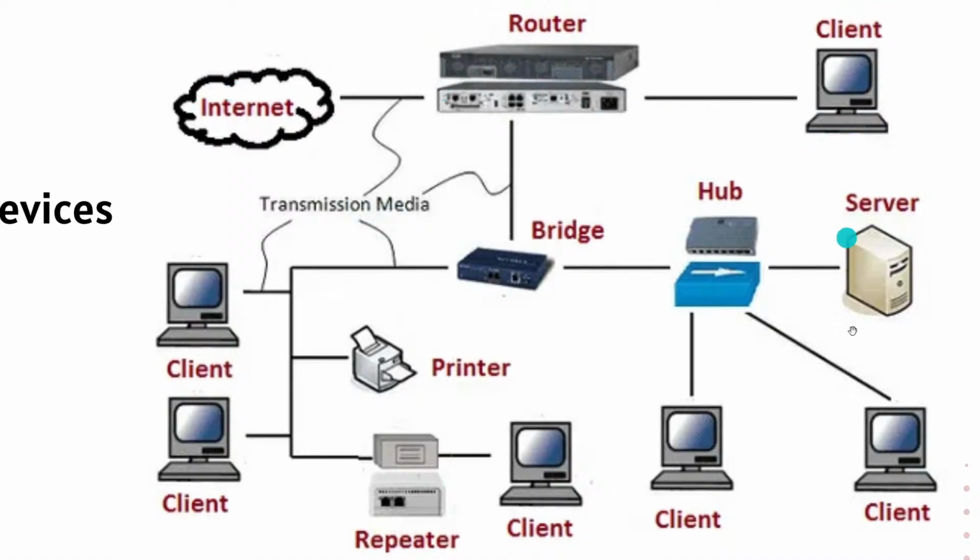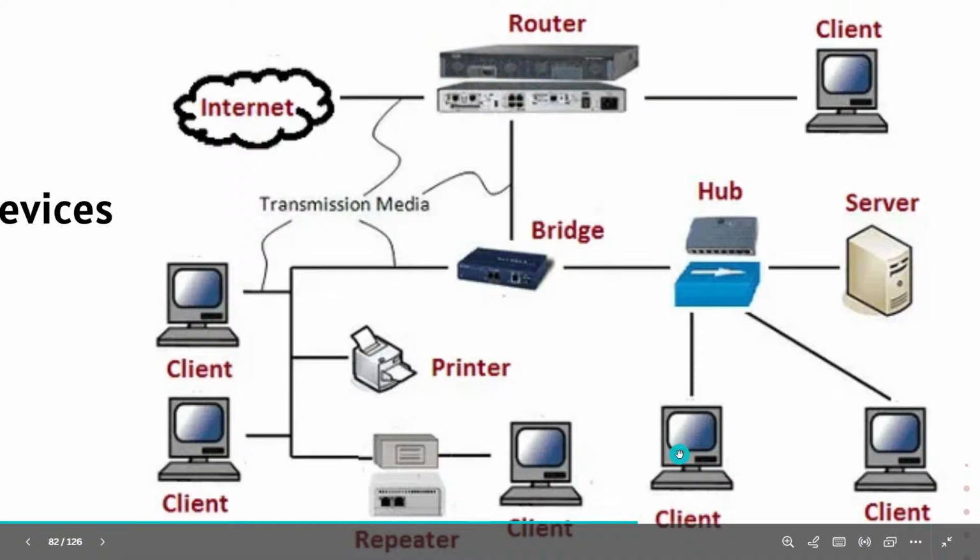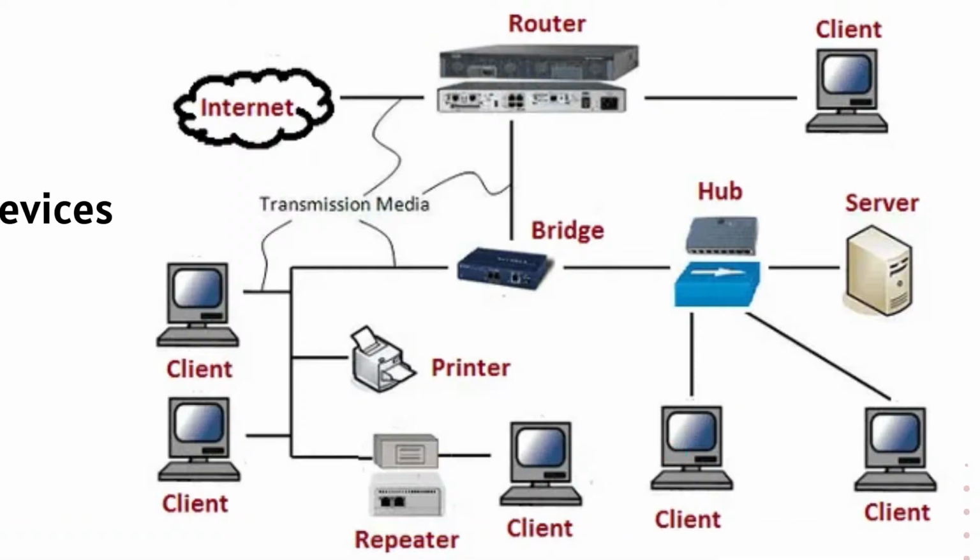We have multiple clients. What are the clients? It might be your mobile phone, laptop, PC, or tablet, anything. A client is simply something we put input into or get output out of. Your browsers and mobile applications are all clients that ultimately connect you to the internet.